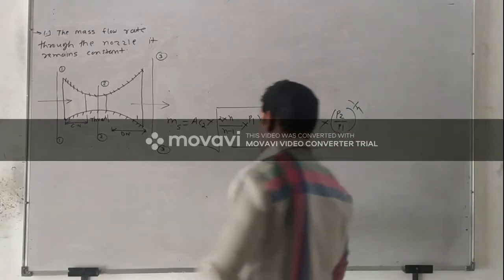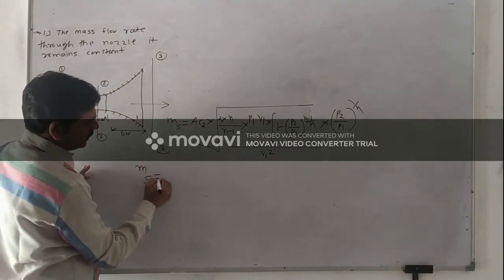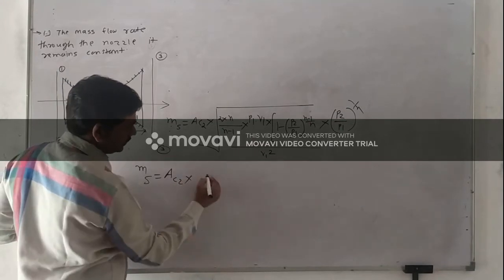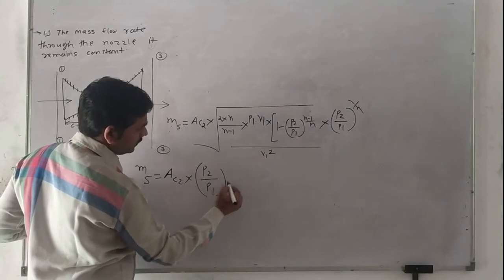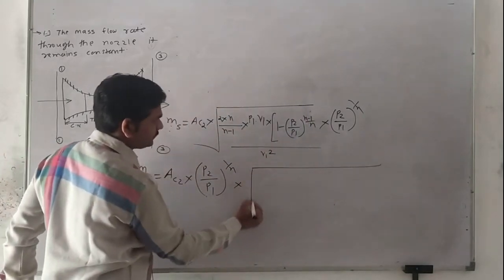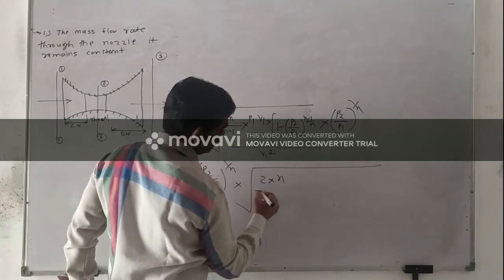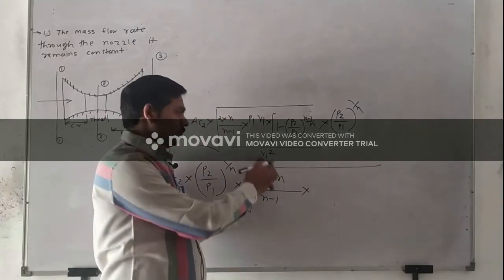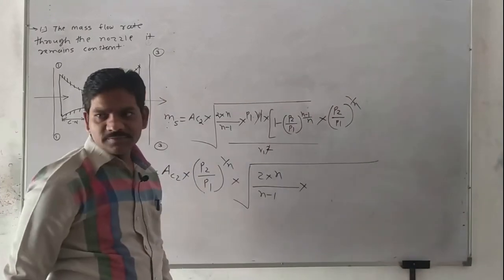Then further we solve this equation. So see here, boys. ms is equal to Ac2 into this term P2 upon P1 to the power 1 by n into in brackets, what is remaining, twice n upon n minus 1 into V1 squared. So this term and this term are cancelled.